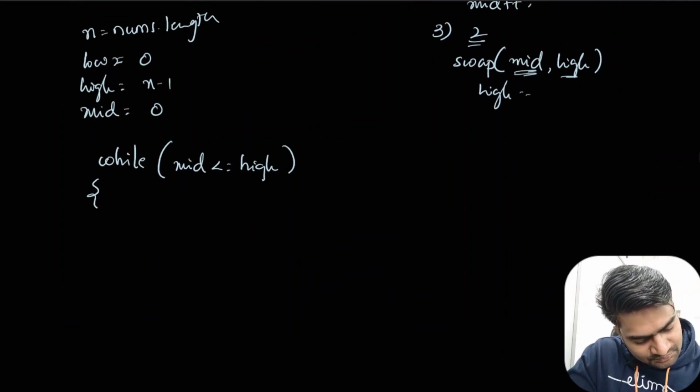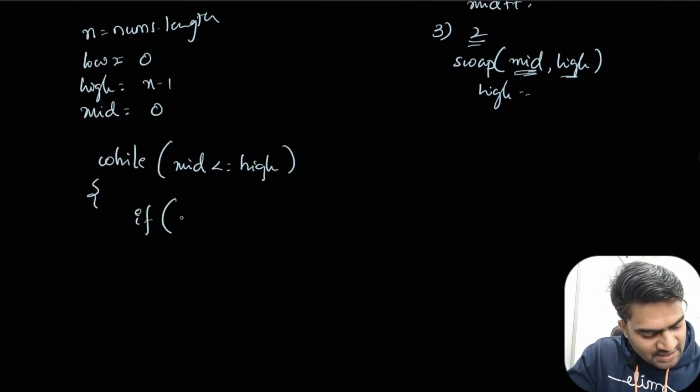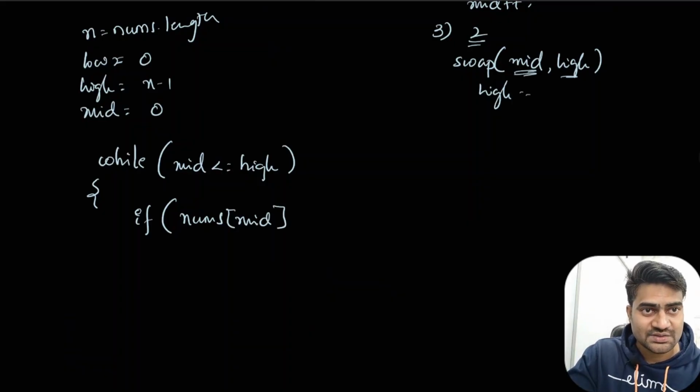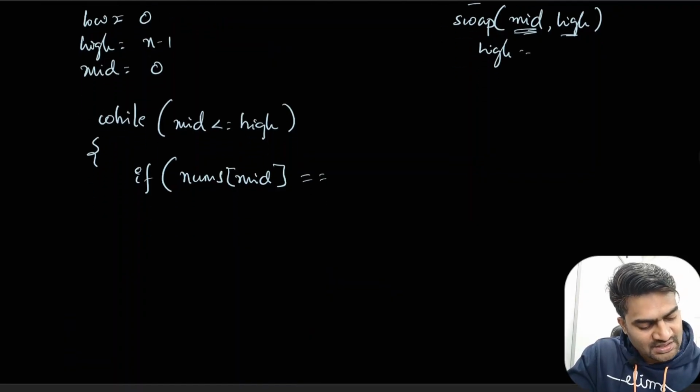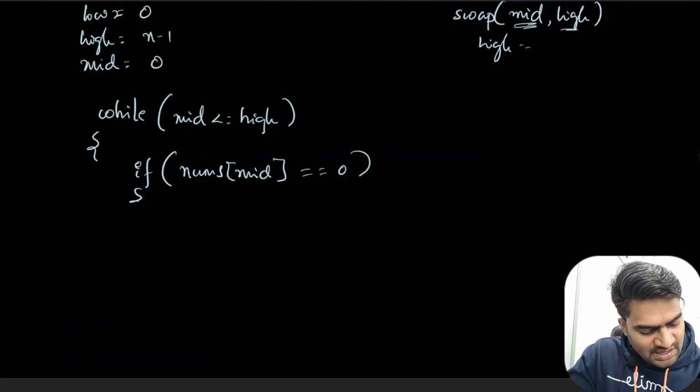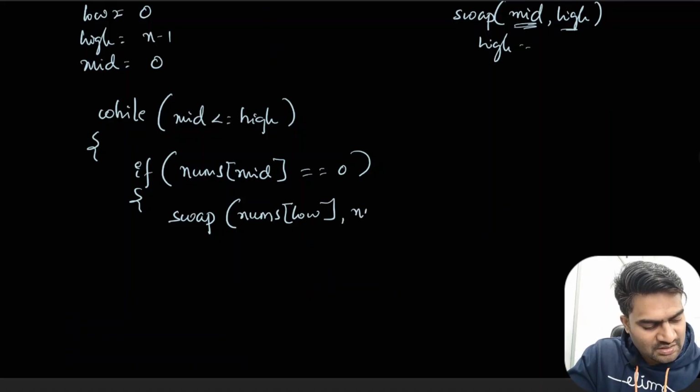So now, for nums of mid, we can also use a switch case statement here, but I'm simply using an if else statement. If it is equivalent to 0, then I will swap nums of low comma nums of mid. After this I will say low plus plus and mid plus plus.